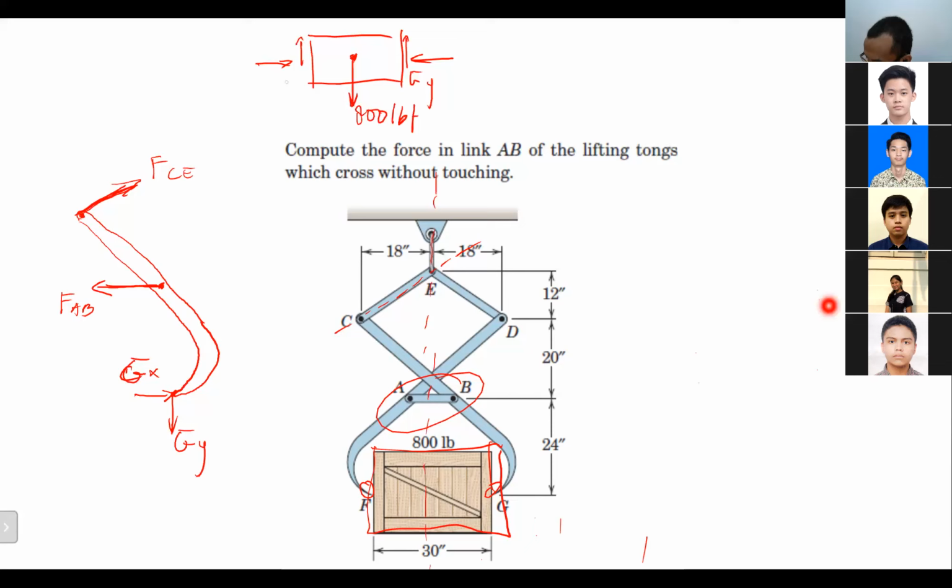Because it's symmetric, this one is supposed to be GY as well, and this one is GX and GX as well. How can we get it? From sigma Fy equal to 0: 2GY equals 800. So GY is equal to 400 lbf.